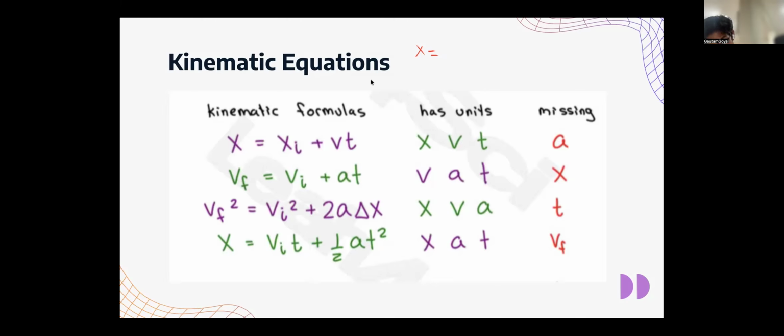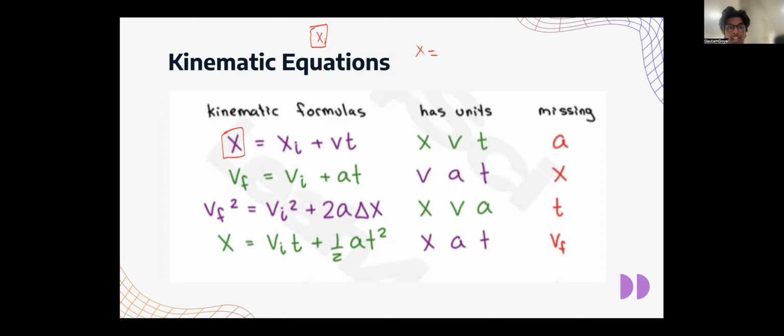So whenever we see x, in the first equation we have x sub i and x. When I say x sub i, the sub means subscript. I'll just say x initial for now. x initial is where the person starts, and this x is the final place they end up.